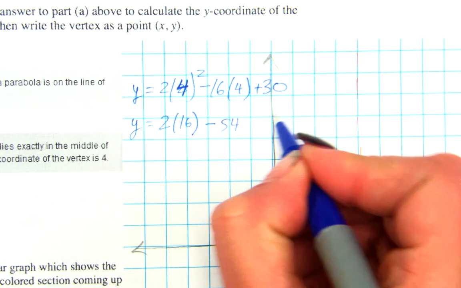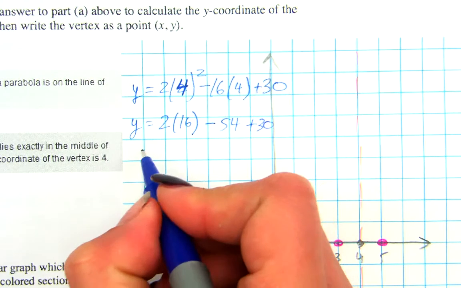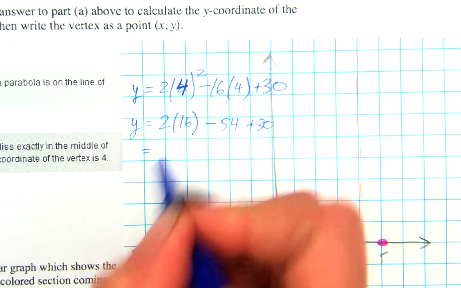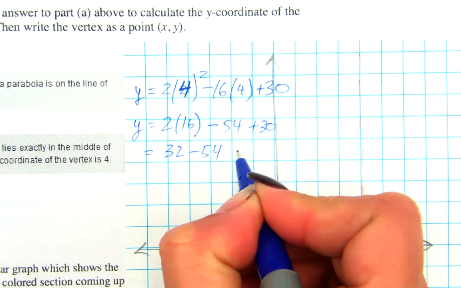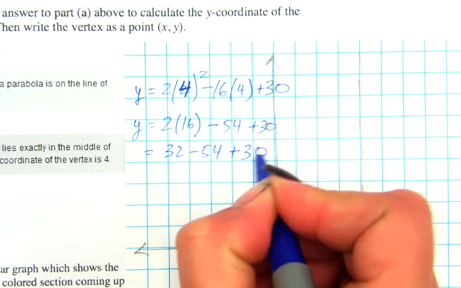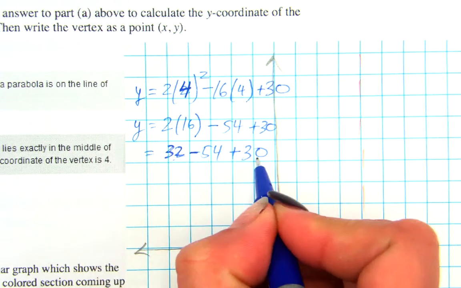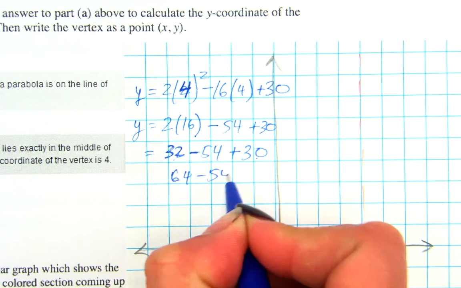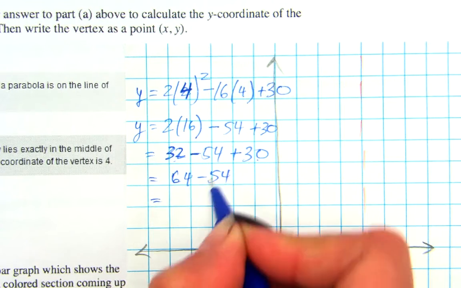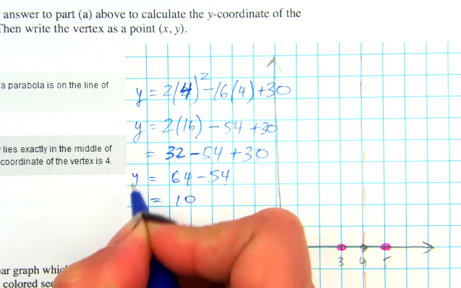No, 64? Yep, 64. Plus 30. 2 times 16 is going to be 32, minus 64 plus 30. 32 plus 30 is going to give you 64 minus 54, and that's going to give us, oh, that's really nice, 10. So y is equal to 10.